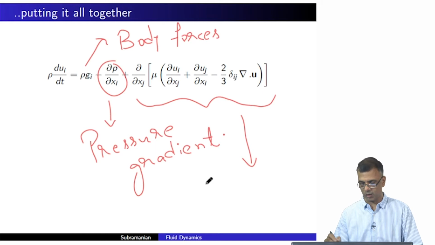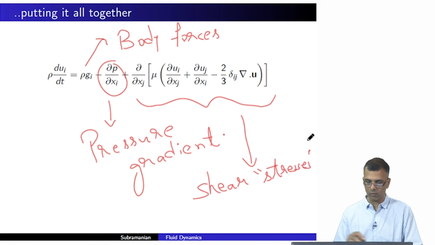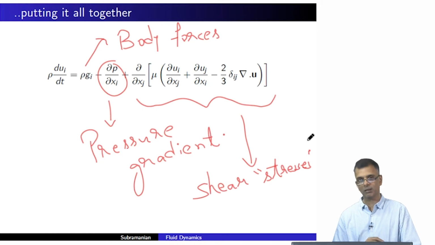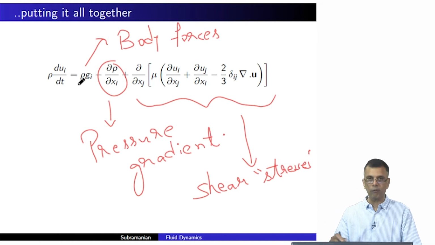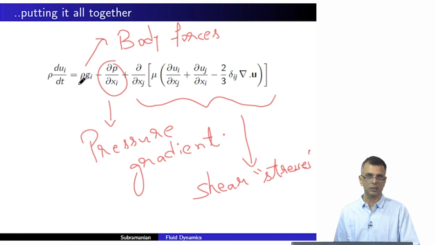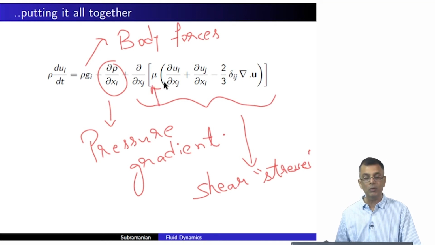These are shear stresses. I put the stresses under quotes because this is really the force arising from shear stresses. So this is a force, that's a force, and there's also a force arising from shear stresses. And this obviously has to do with viscosity. The coefficient of viscosity is this mu.